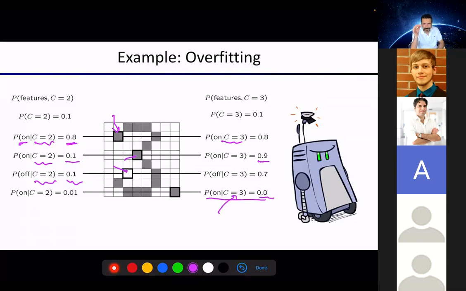You do not have any example in your data where this pixel is on for label 3, so what you infer from data is that this conditional probability is 0.